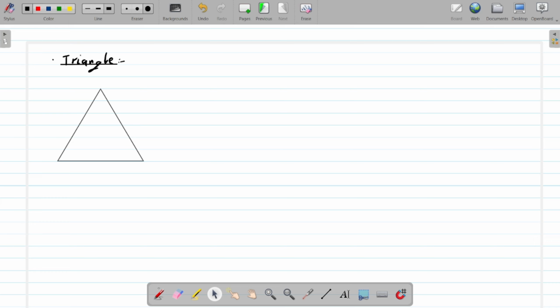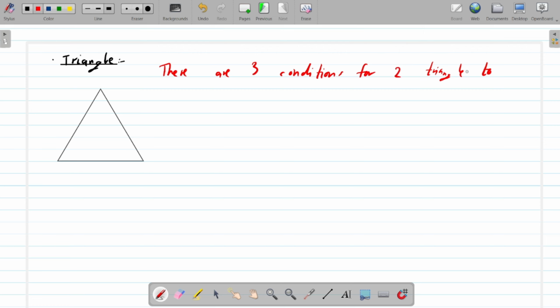The next thing we have is our triangle. Now there are 3 conditions for 2 triangles to be similar.